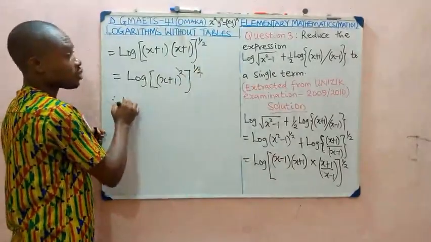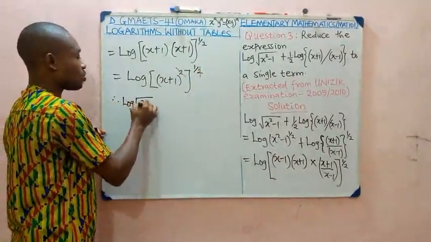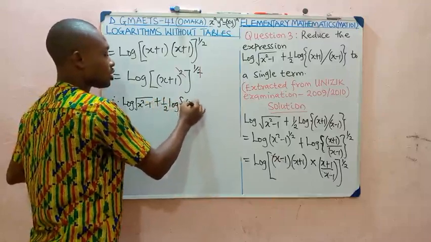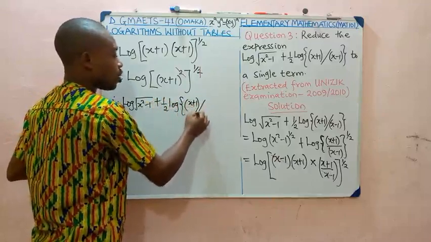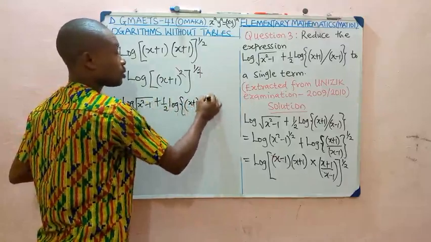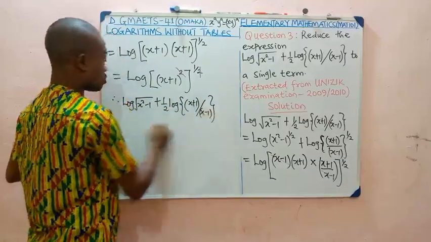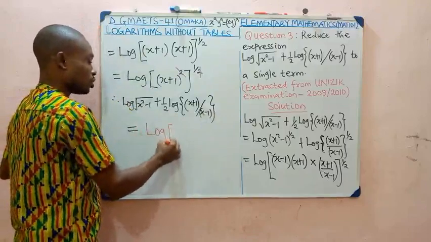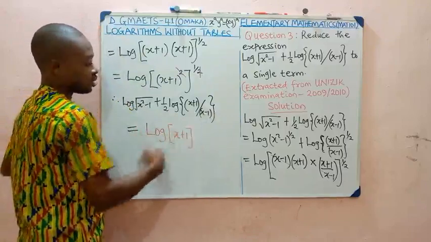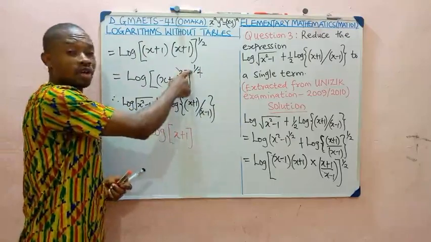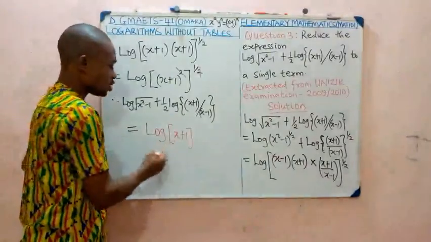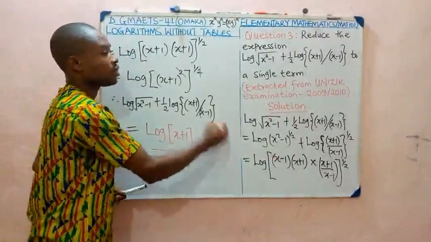Therefore, the result of the problem, log square root of x squared minus 1 plus 1/2 times log of (x plus 1 all over x minus 1), is equal to log x plus 1. Because you have power 1 here, it's the same as log x plus 1. And this becomes the solution to this problem on the board.